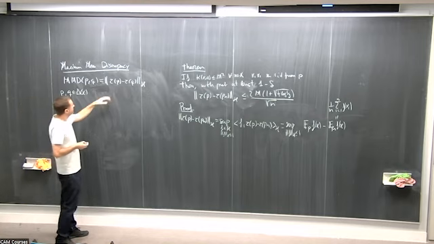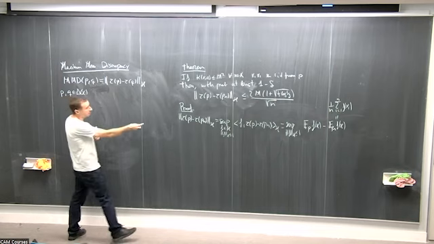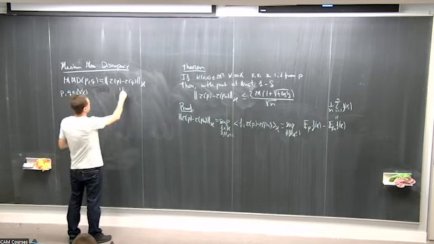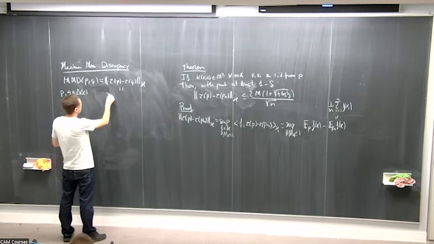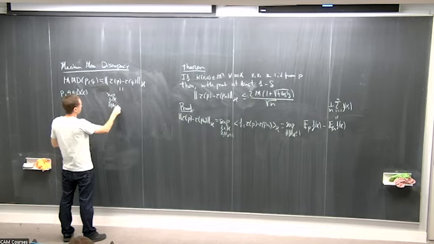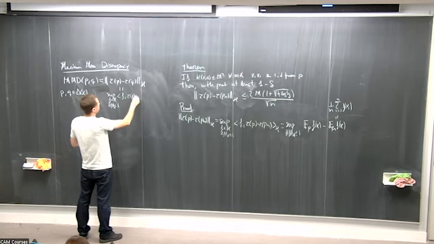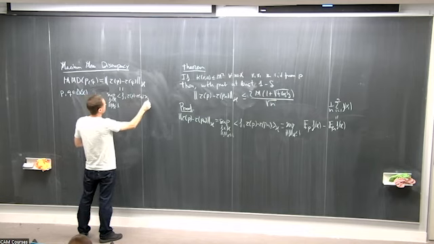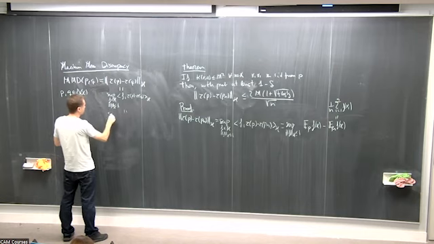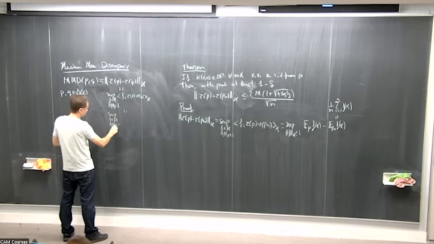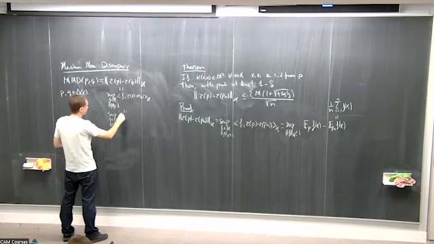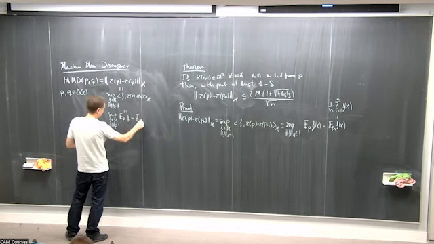Well, because we can define it this way, or we can use these ideas and just say that this is the supremum over F, where F has norm smaller than 1, of the inner product between F and tau P minus tau Q. And that's the sup over F with norm smaller than 1, and now we use the reproducing property, and this is the expectation with respect to P of F minus the expectation with respect to Q of F.